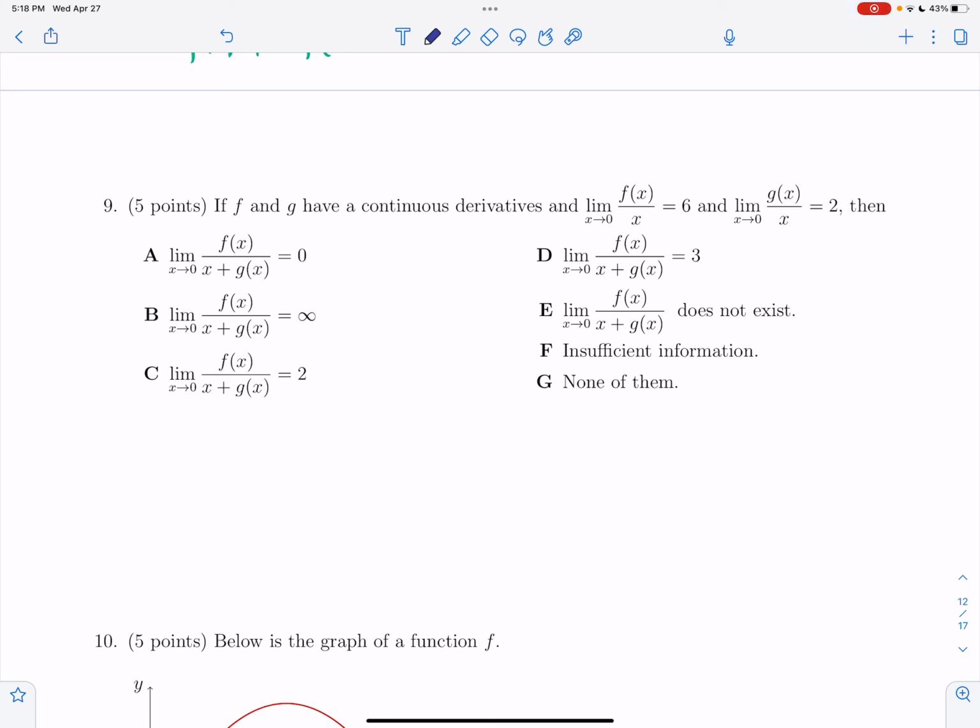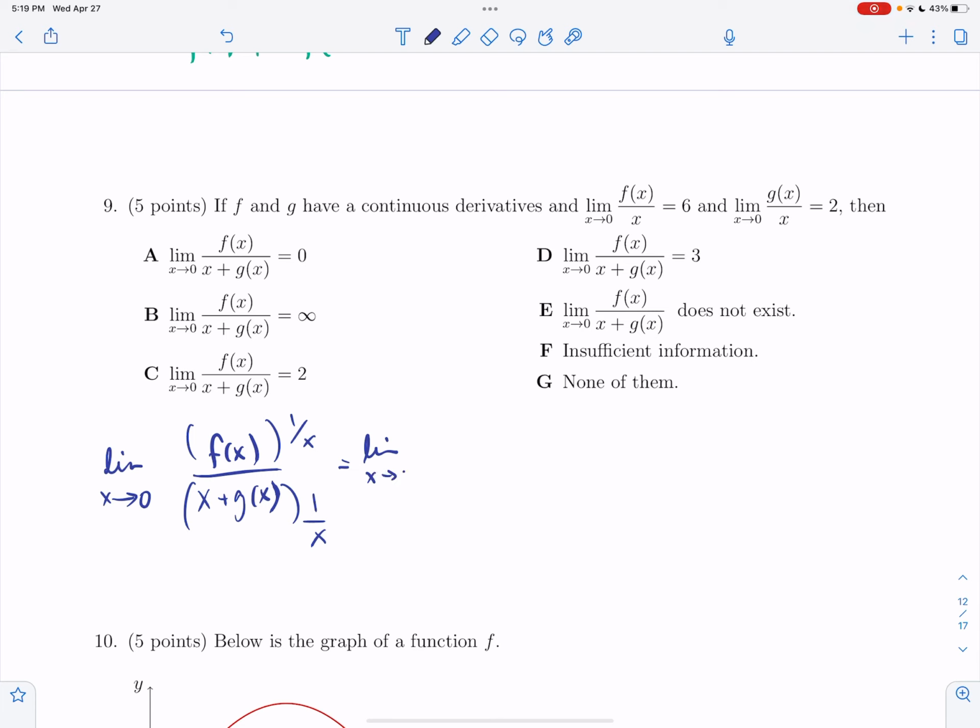Okay, well, let's take a look. If you take a look at this problem, all of them involve f of x over x plus g of x. So, well, let's take a look at what is f of x over x plus g of x. There's multiple ways you can do this problem. We're looking at the limit as x goes to 0. Well, first, one of the ways is to multiply and divide by 1 over x. And what do you have?